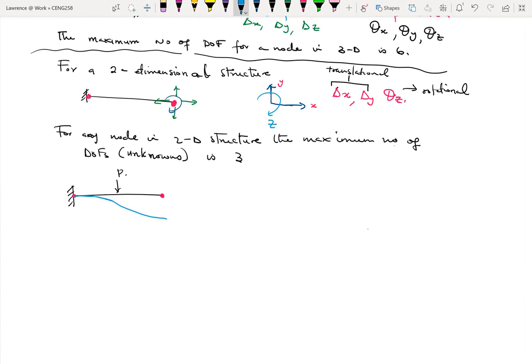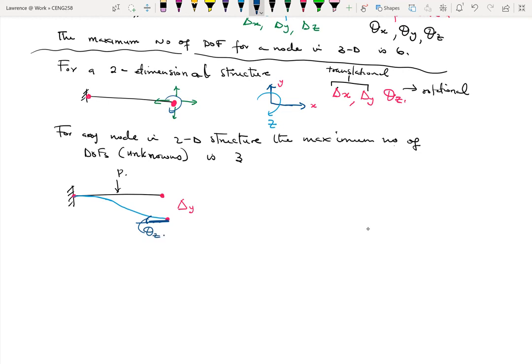Okay. What it means is that this node, which used to be here, has now moved down here. So the node has undergone some vertical displacement. So let's call it delta y. At the same time, there's been some rotation, some horizontal, so I can draw. So there's been some angle here. So let's call that angle theta z. Okay.